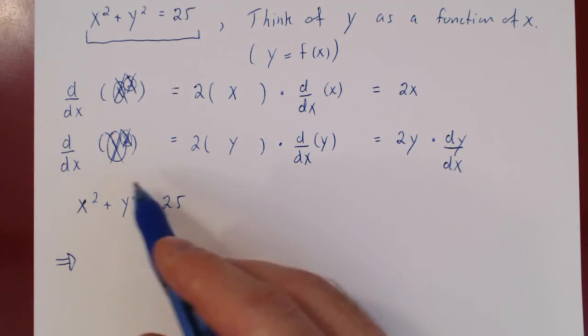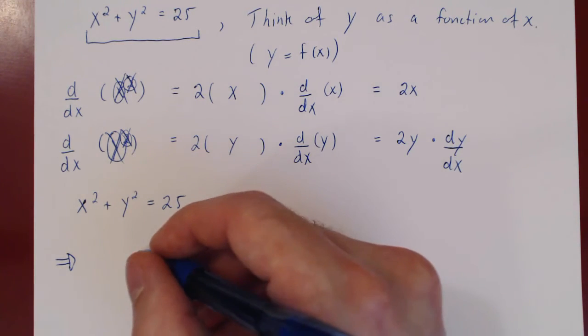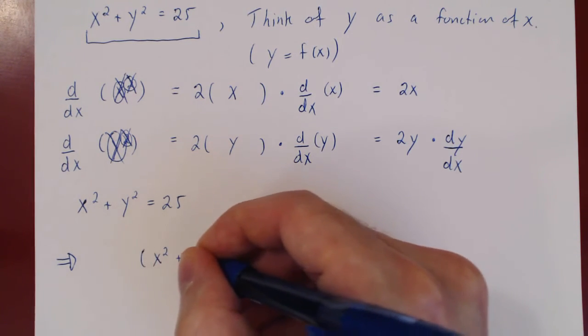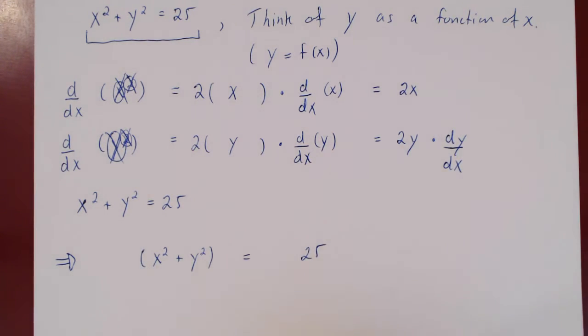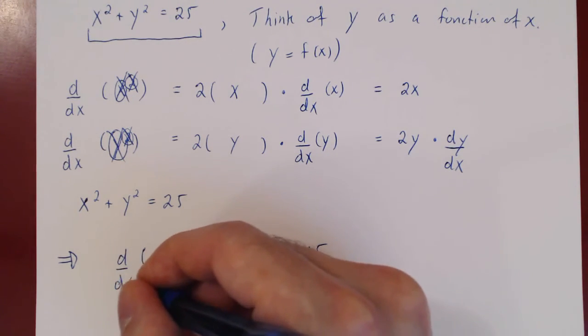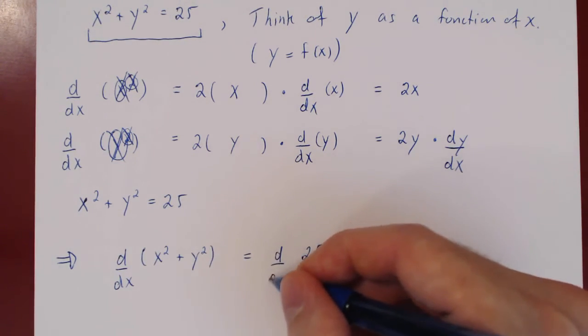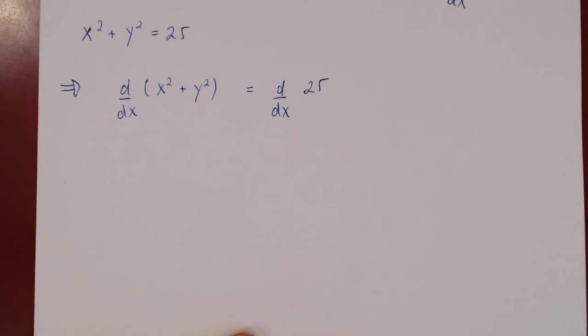So what we have is this function of x equals this function of x. So if both sides are equal, they must have the same derivative. And now let's differentiate and see what comes out.